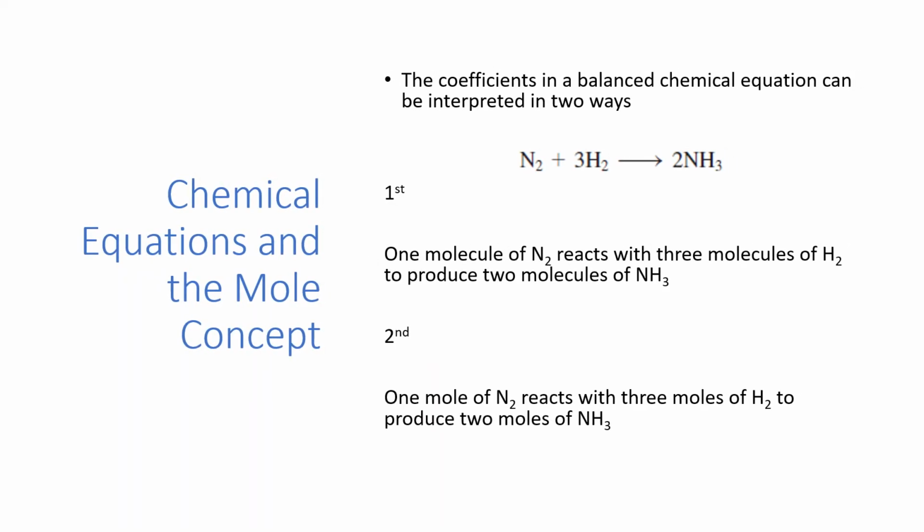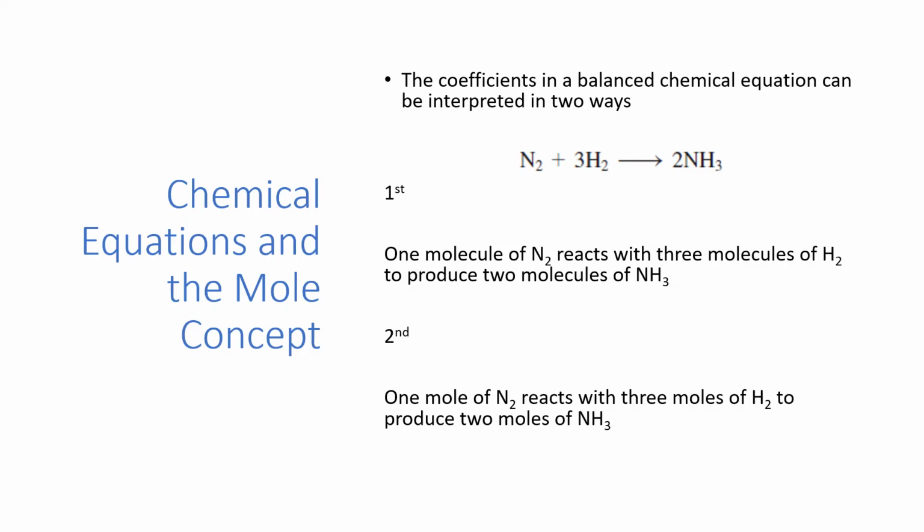Okay, so chemical equations naman in the mole concept. Like your chemical formula, there are two ways to interpret your chemical equations. No? So the coefficients in a balanced chemical equation can be interpreted also in two ways. So first is one molecule of N2 reacts with 3 molecules of H2 to produce 2 molecules of NH3.